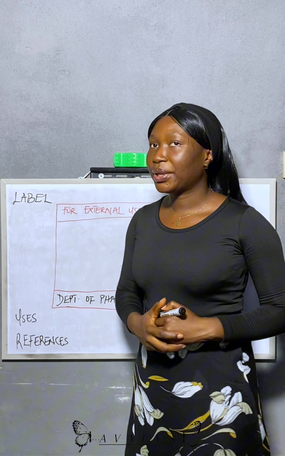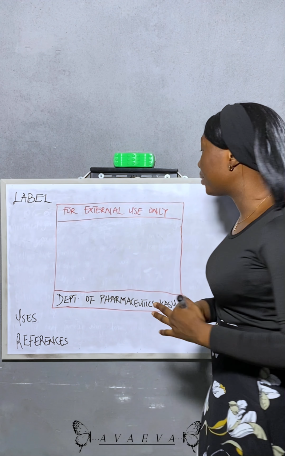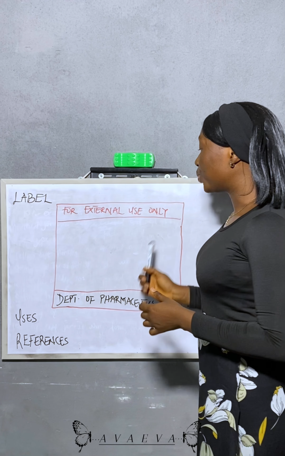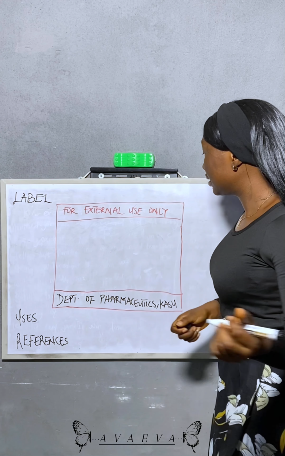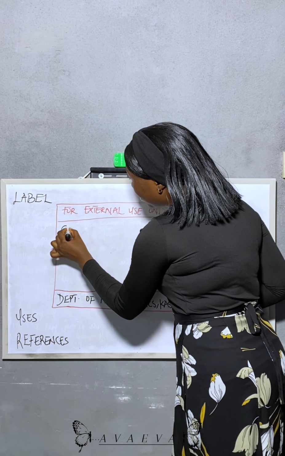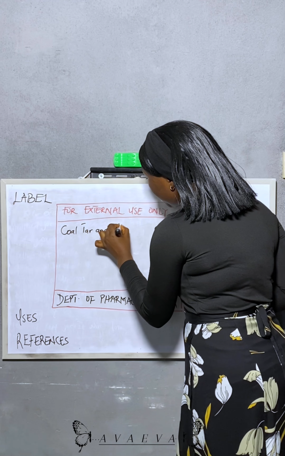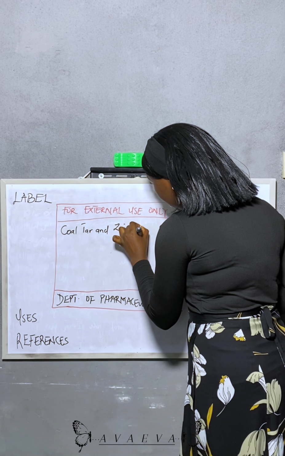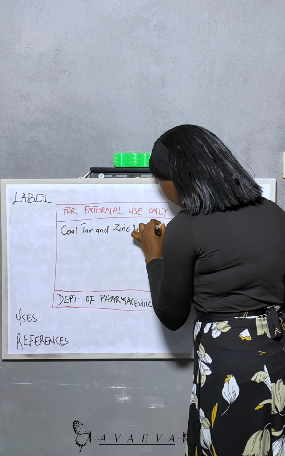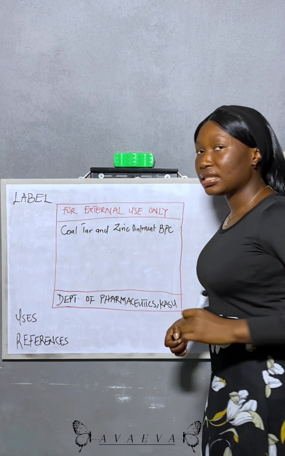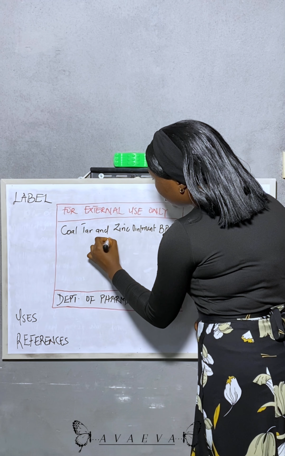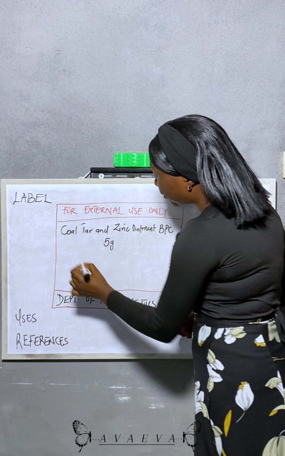Now for our label, we have our auxiliary label for external use only, and we have coal tar and zinc ointment, BPC, since it's an official preparation. The amount we're sending is 5 grams.